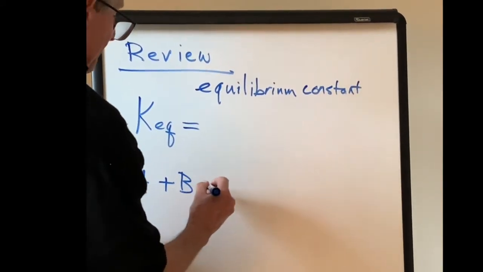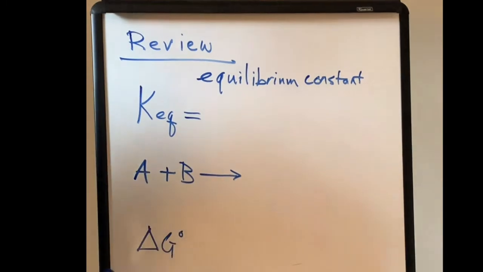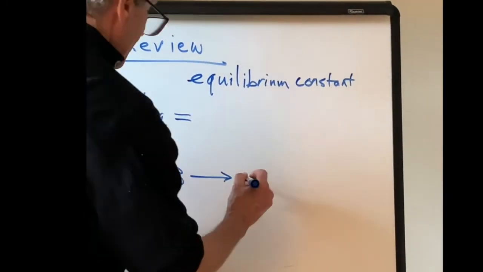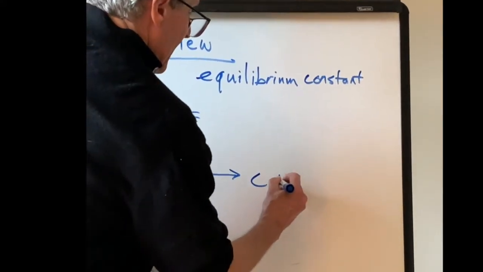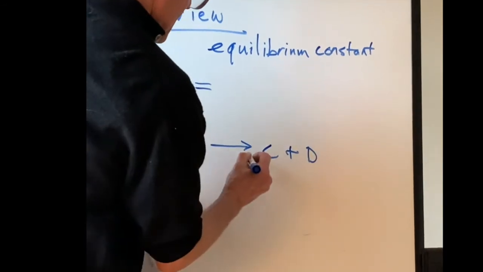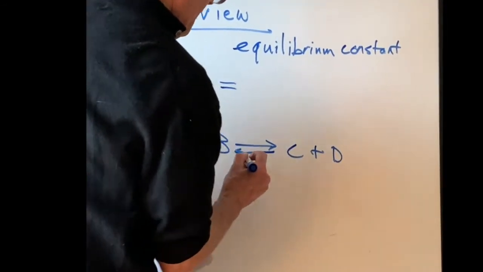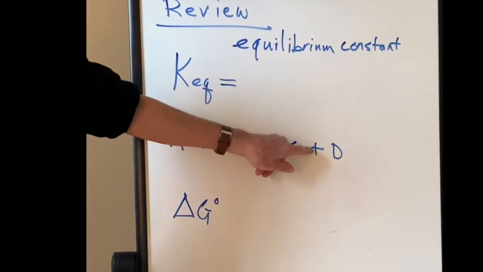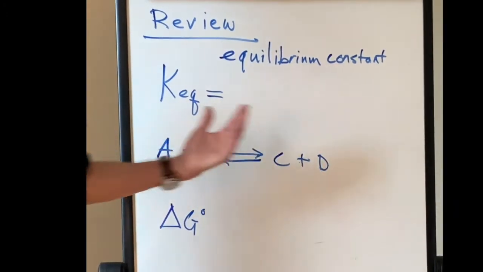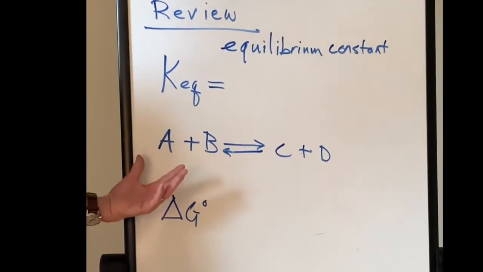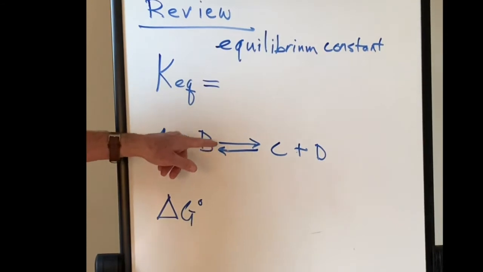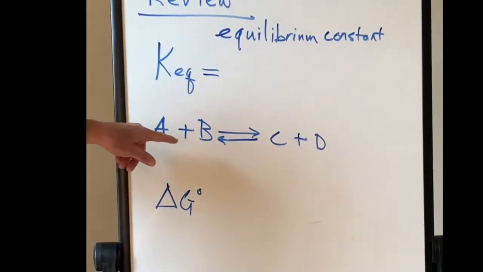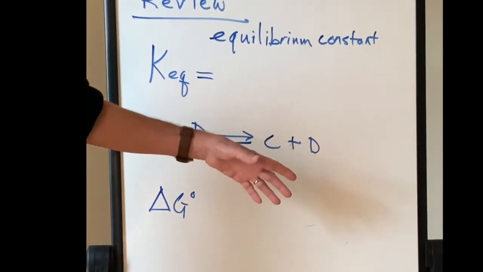If we imagine A and B react to form C and D, and we imagine further that C and D can back react and reform A and B, we describe, and the double arrow drives it home, an equilibrium condition.